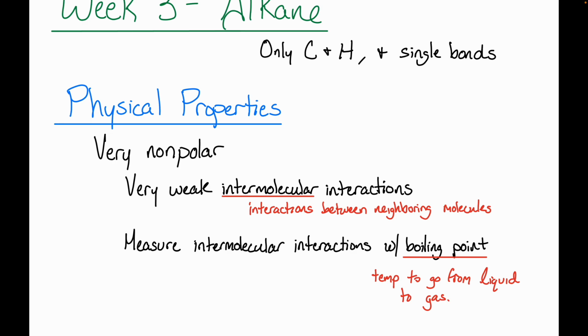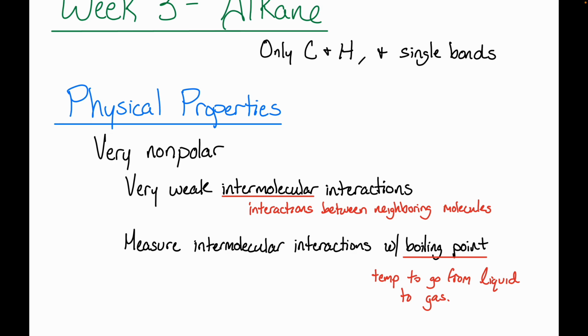But if we think about what's occurring when we boil a substance, in the liquid phase those molecules are butted up right against neighboring molecules, all right? Then we put a bunch of energy in there in the form of temperature, and we separate those molecules. When they're in the gas phase, they're floating around independently with a huge amount of distance between neighboring molecules.